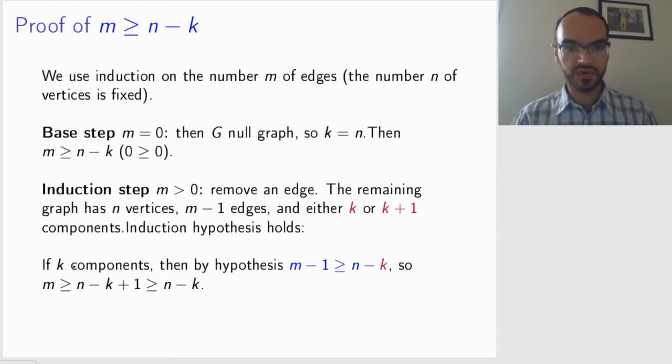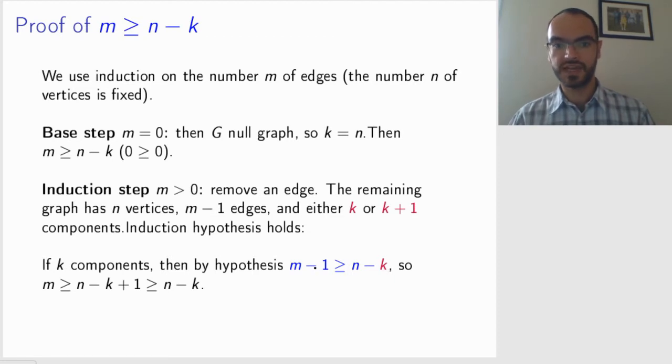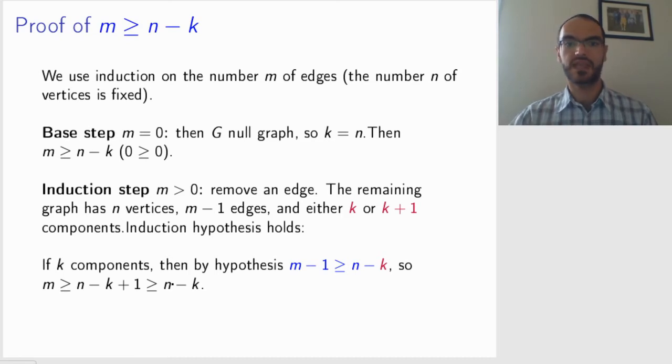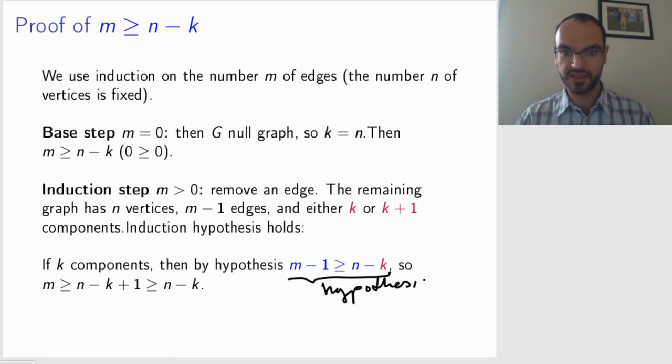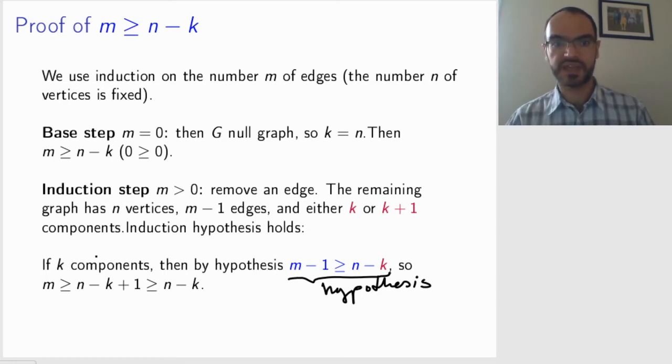If we have k components, then this is n minus k. But if m minus 1 is greater than or equal to n minus k, by moving the 1 to the other side, we conclude that m is greater than or equal to n minus k plus 1, which certainly is greater than or equal to n minus k.